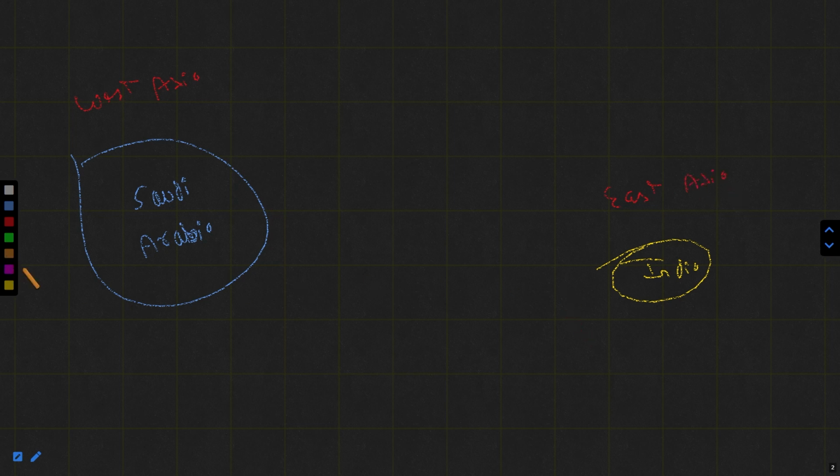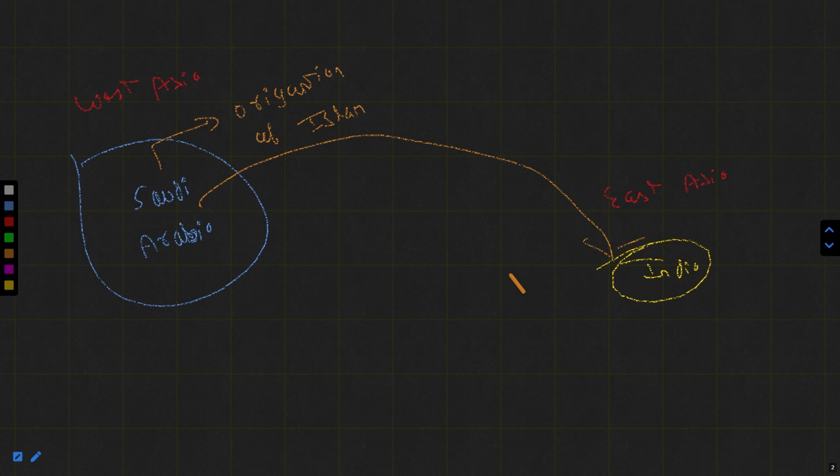So Islam, or the Muslims, originated here. Origination of Islam. Okay, so how did these rulers come to India and how did they establish their rule in India?